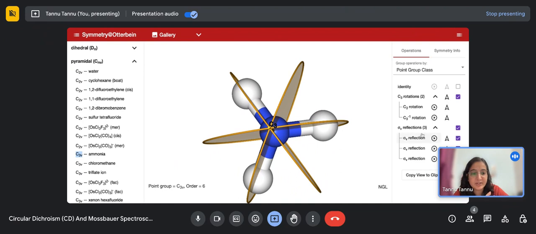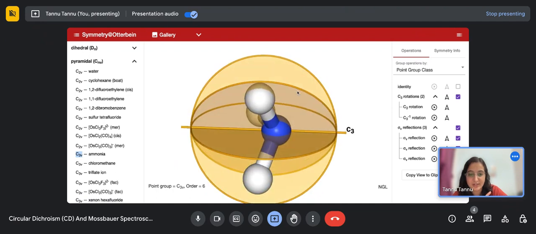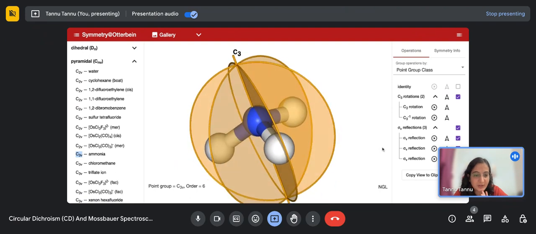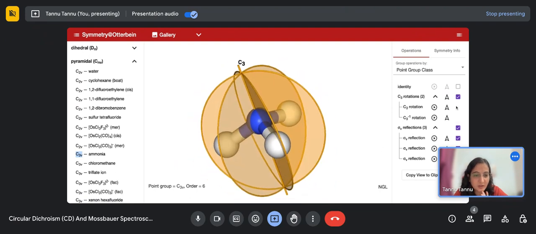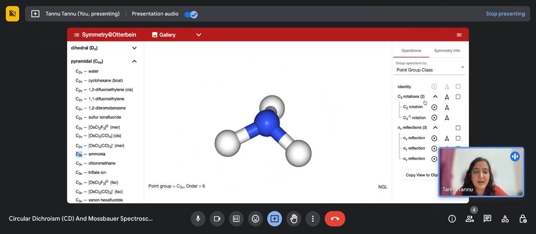But here in ammonia, C3v point group, we don't have any C2 axis of rotation. Do you get me? Yes, ma'am. The only symmetry elements present in this molecule are C3 axis of rotation and vertical planes.